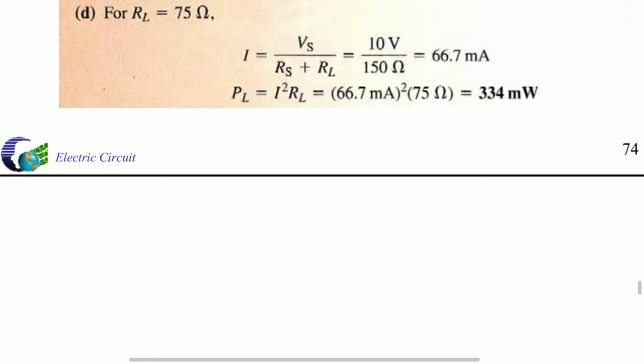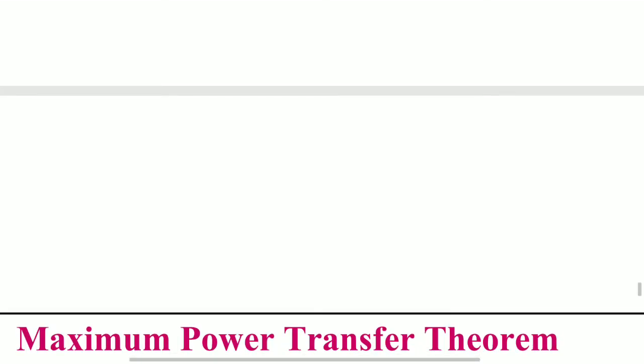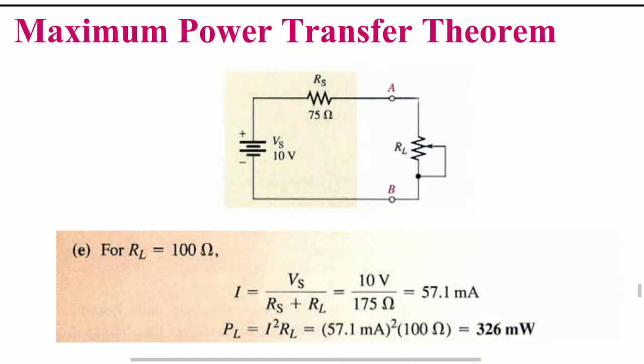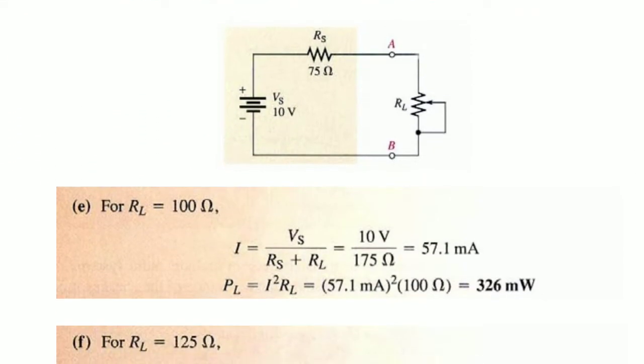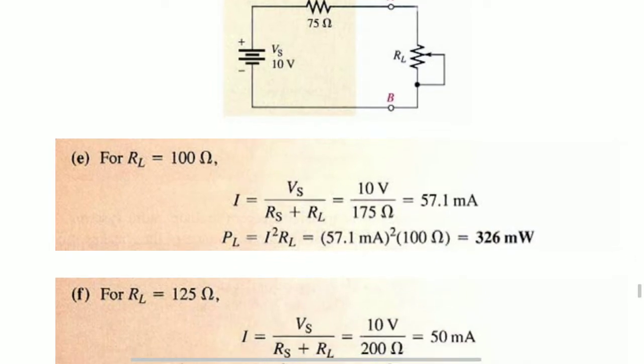Now go for 100 ohms. For RL equal to 100 ohms, I is equal to Vs by Rs plus RL, that is 10 volts by 175 ohms, which gives 57.1 milliamps. PL is equal to I square into RL, that is 57.1 milliamps whole square into 100 ohms, which gives 326 milliwatts.